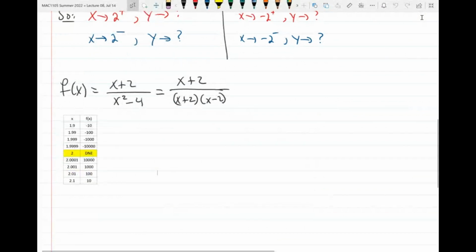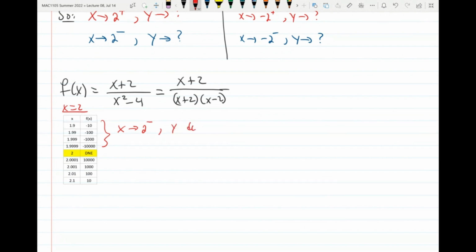We are analyzing what happens around x equals 2. This part right here is what happens when x approaches 2 from the left. We can deduce that the y values decrease without bound. A fancy way of saying this is y approaches negative infinity. It just keeps going down non-stop.